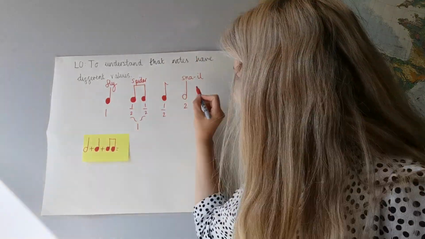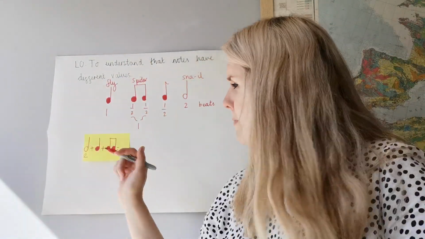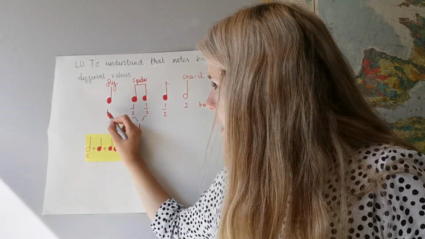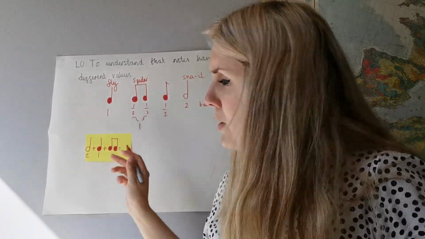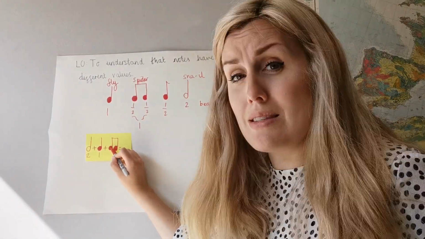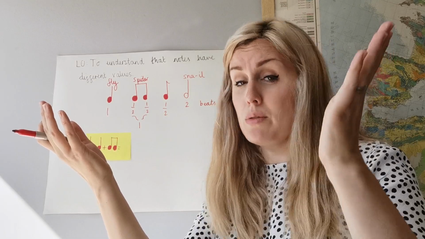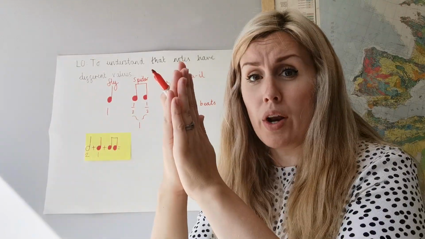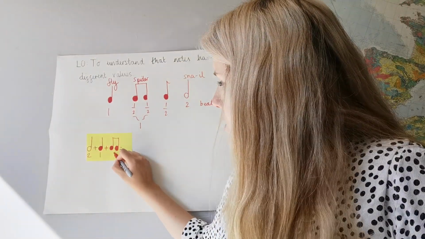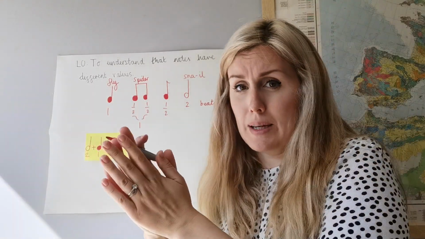So I know from here that this is worth 2, and it's my snail. I know here that this is my fly, and it's worth 1. And I know that one of these is a half. But because there's 2 of them, 2 halves, we know this makes 1 whole. So that altogether would equal 1, and that is spider.